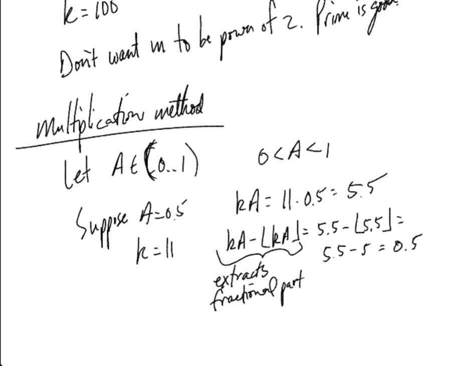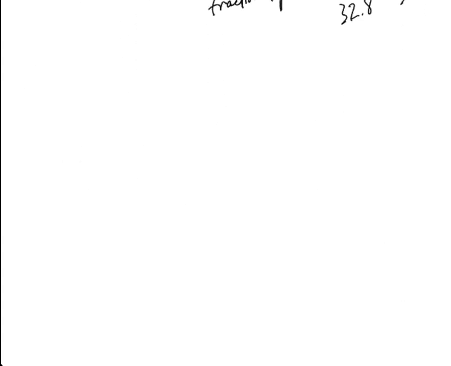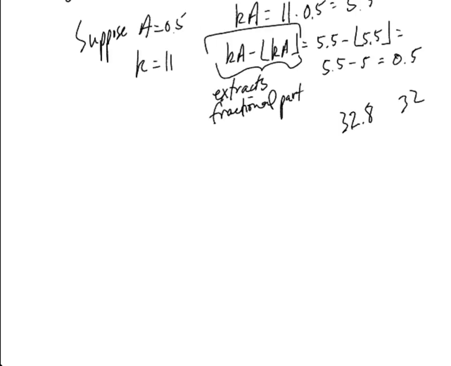So for example, if ka is 32.8, then ka minus the floor of ka would be, sorry, not 32, strike that, it's going to be 0.8. It's going to be this piece right here.